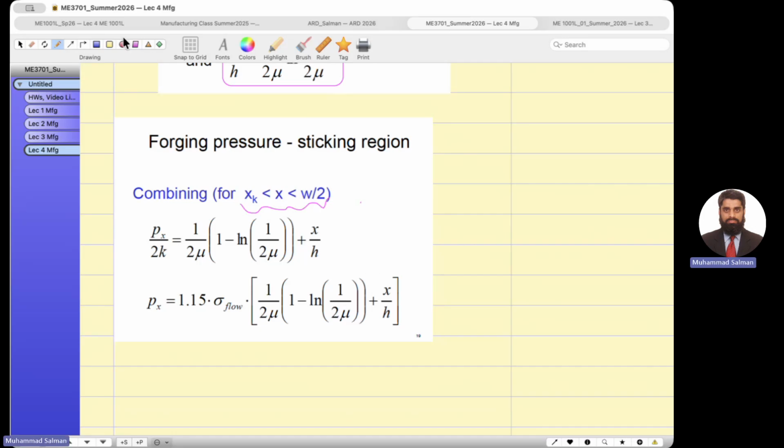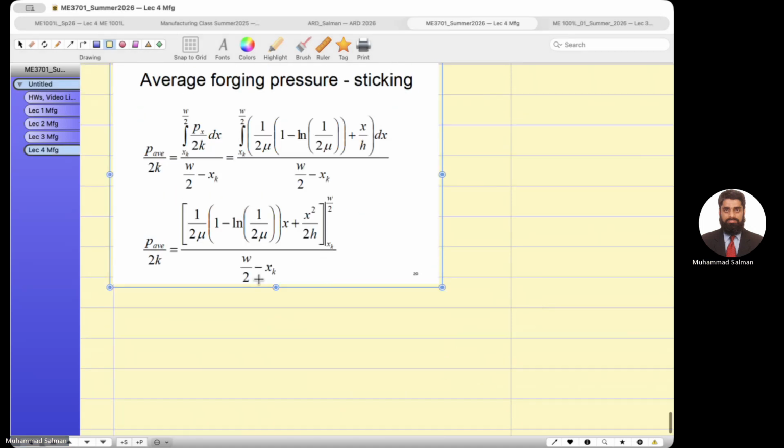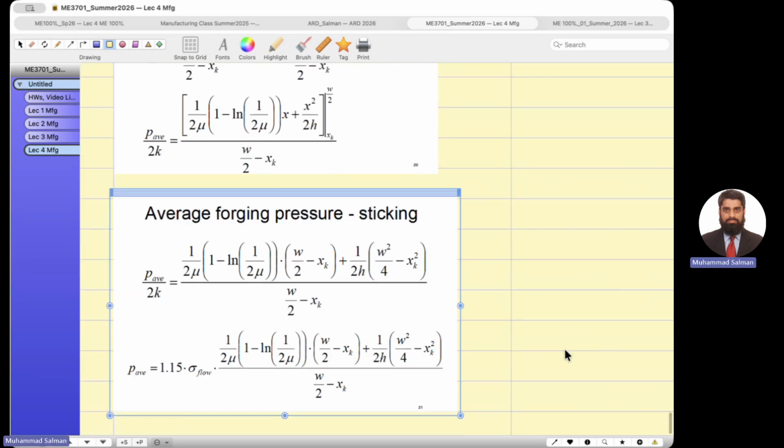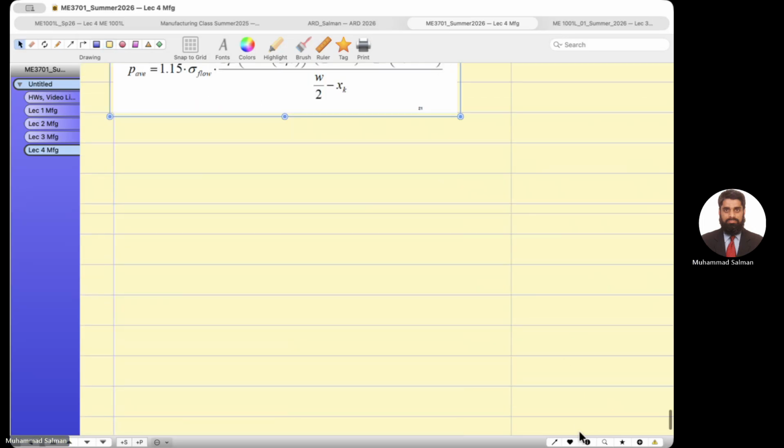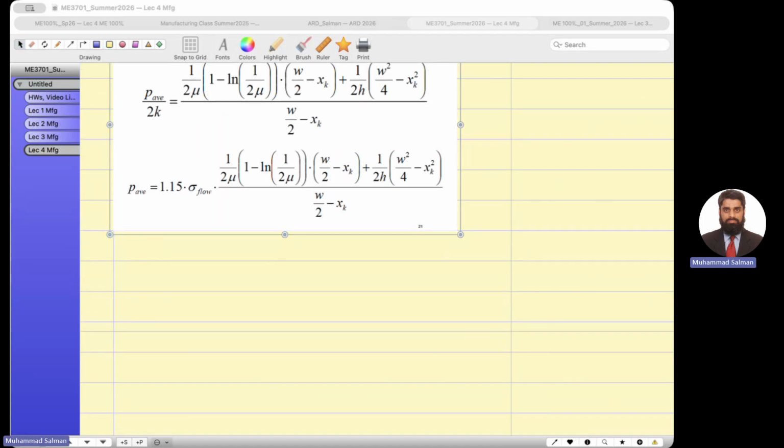So this is the instantaneous pressure of the sticking region. But now you have to take the average pressure. This is the formula for finding the average pressure, dimensionless. And after doing some calculus, I want to jump to the final formula for the average force.